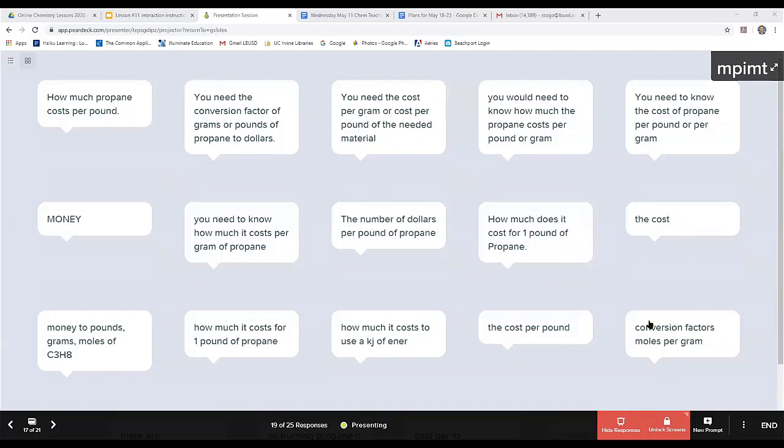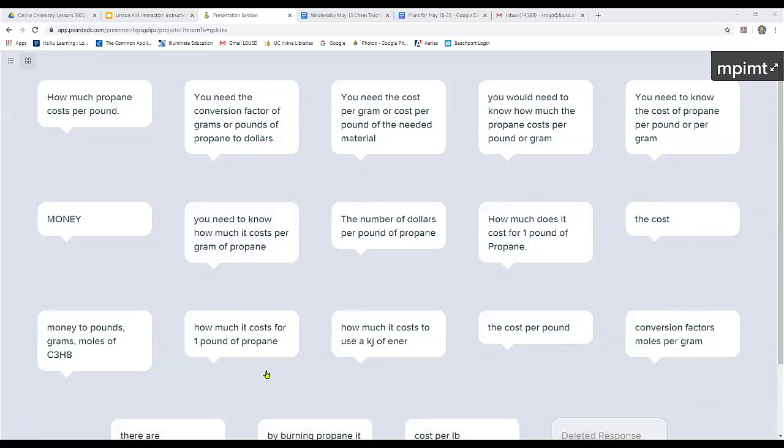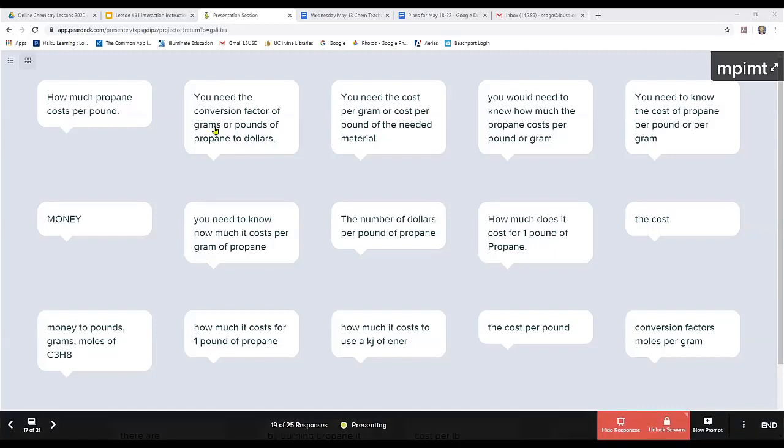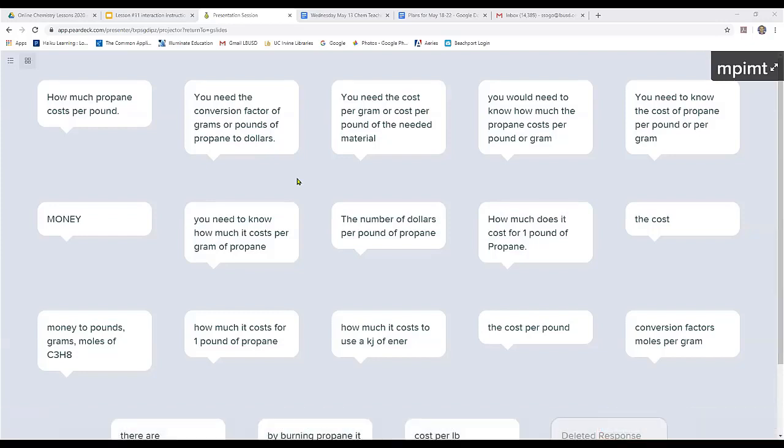The cost conversion factors, cost per pound. Okay, good. So this is what we need, and it is a conversion factor whenever it relates two different things. Like in this case, it's dollars and weight. And that's not as easy to find on Google as the previous one, because it depends who's selling this. Okay, but here's my next slide.